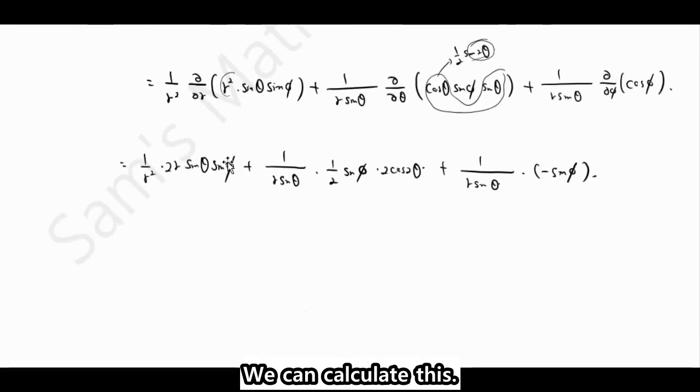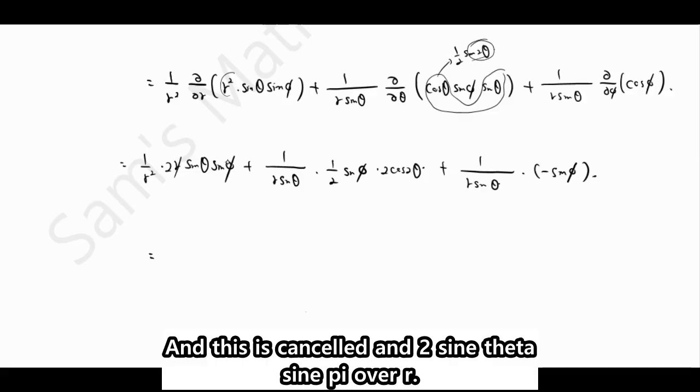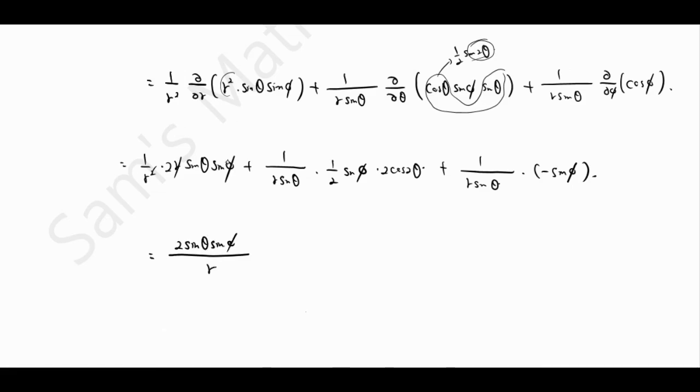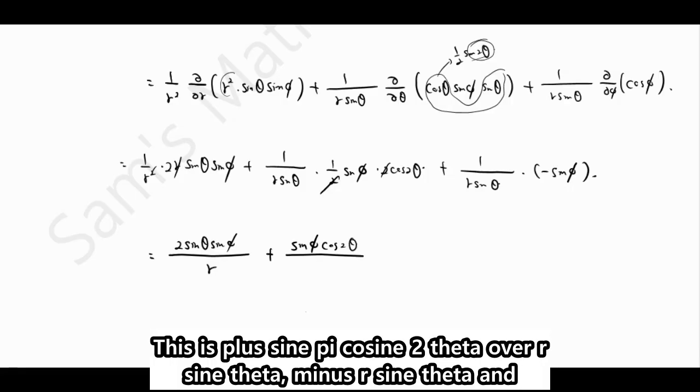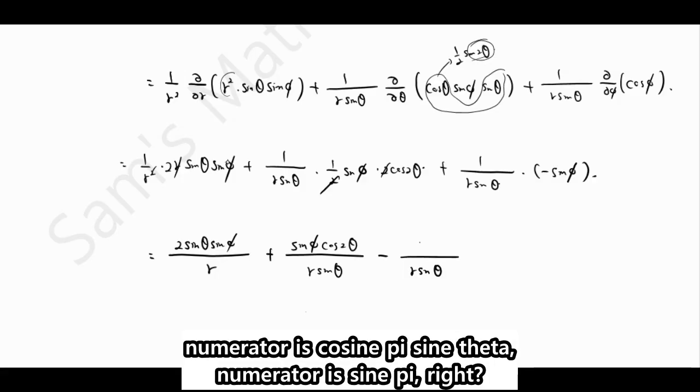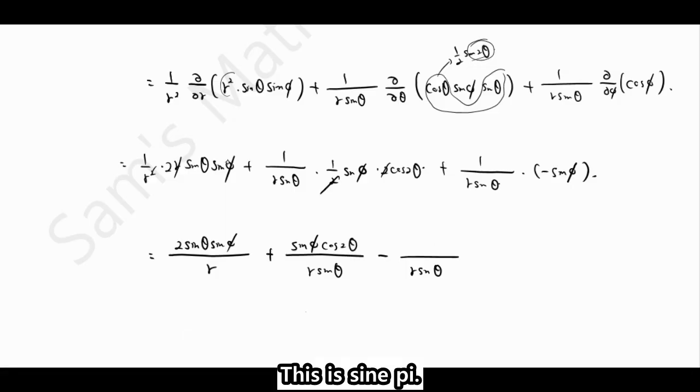So we can calculate this, and this is cancelled, and 2 sine theta sine phi over r, the 2 is cancelled. This is plus sine phi cosine 2 theta over r sine theta, minus sine phi over r sine theta.